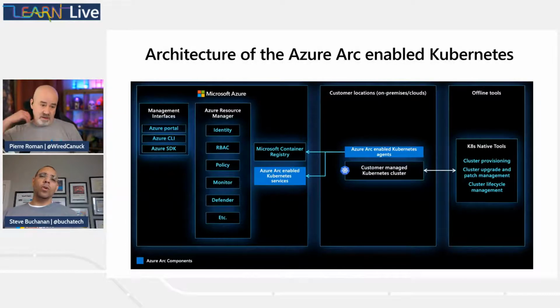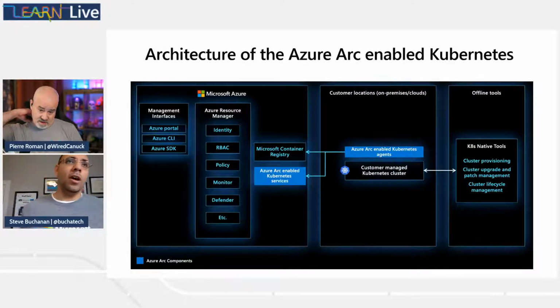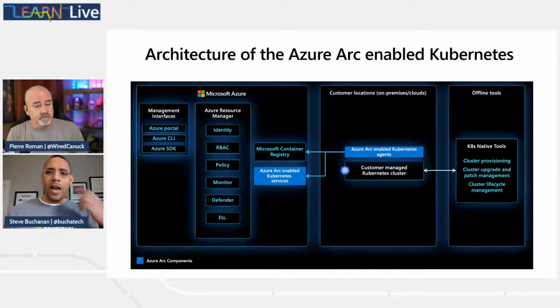One quick thing to point out: you mentioned if you're in an air-gapped environment, it won't work. Absolutely true. I was speaking at a conference this week, and this question came up. I think many people will have this question: can you use Azure Arc over ExpressRoute, or if someone has a site-to-site VPN to Azure?